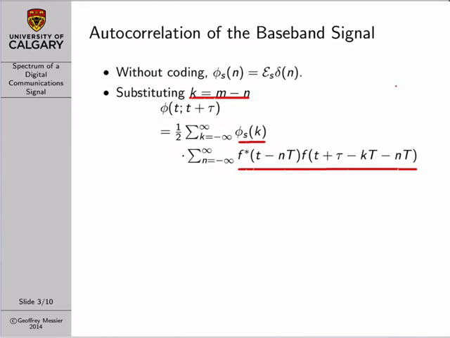And so we say that the autocorrelation is shift invariant. The unusual thing about a communication signal is that it's what's known as cyclostationary. So it has a mean and an autocorrelation that do change as a function of time, but both functions turn out to be periodic.